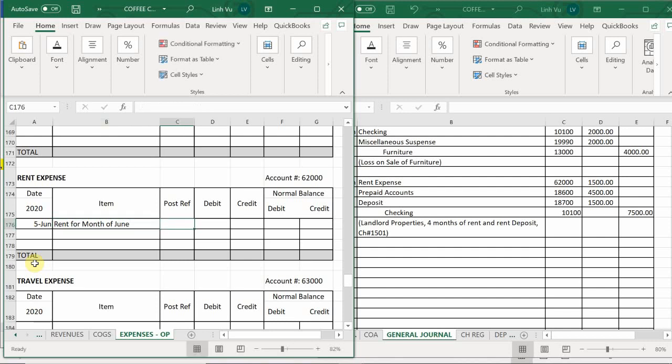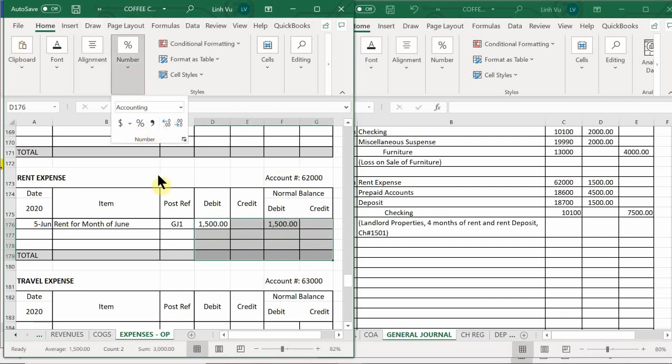General journal, page number 1. Expenses are normally debited, right? So I debited my account for $1,500. Therefore my account balance is $1,500.